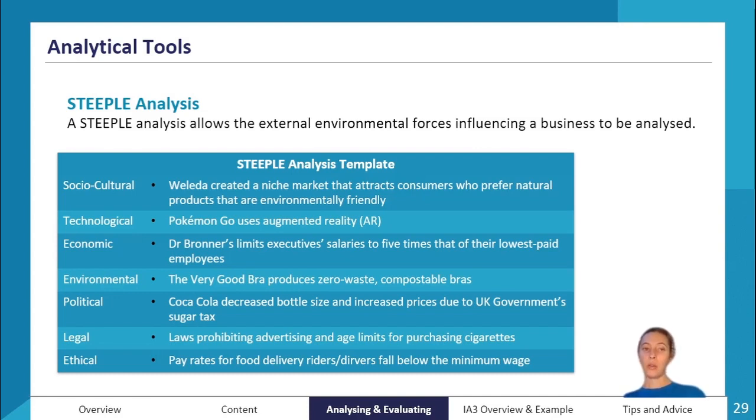So in your STEEPLE analysis, you would always be looking at one business and thinking about the strategies that it has and the external environmental forces that influence it. Something to keep in mind is that things, as I mentioned earlier, do cross over.